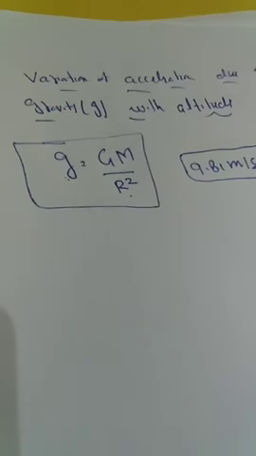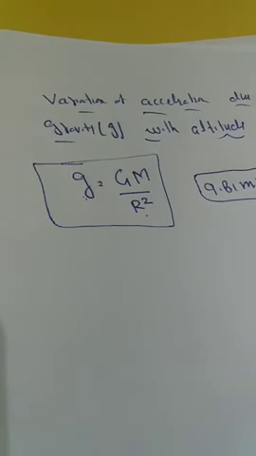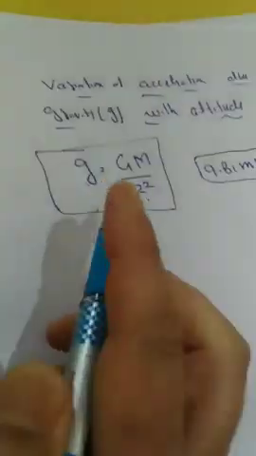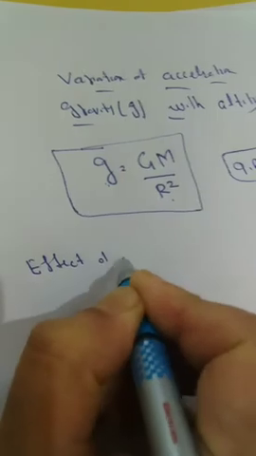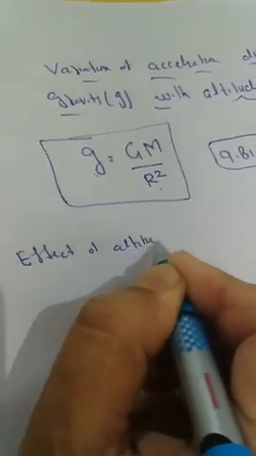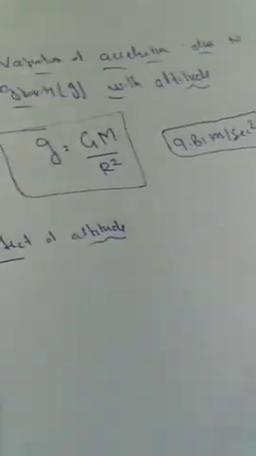Now today's class is how we will see the variation in acceleration due to gravity with altitude, the effect of altitude on acceleration due to gravity. Suppose this is the earth, and I can make a diagram here.